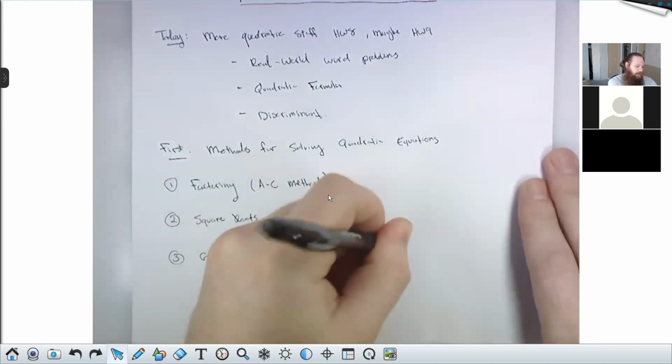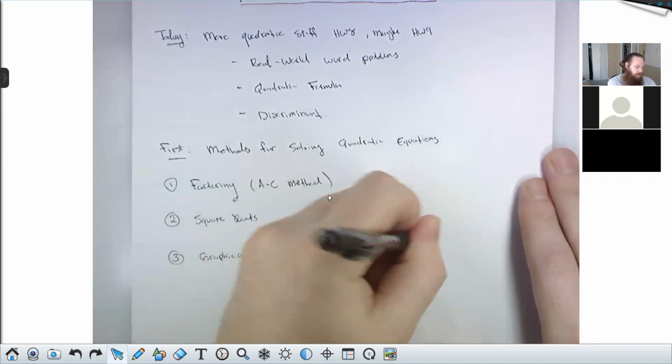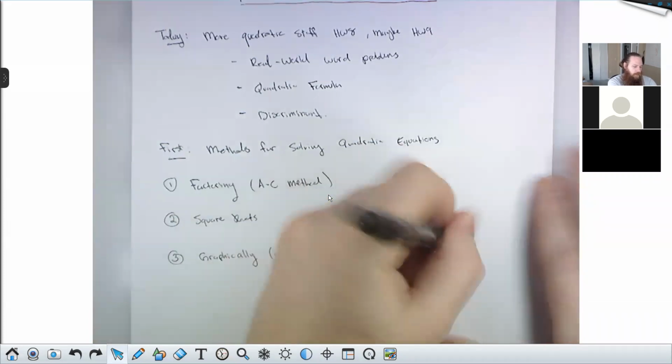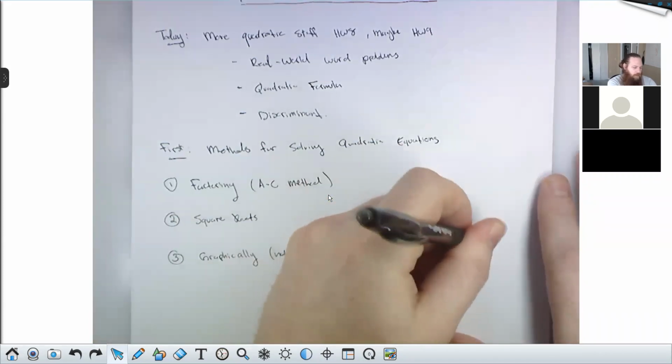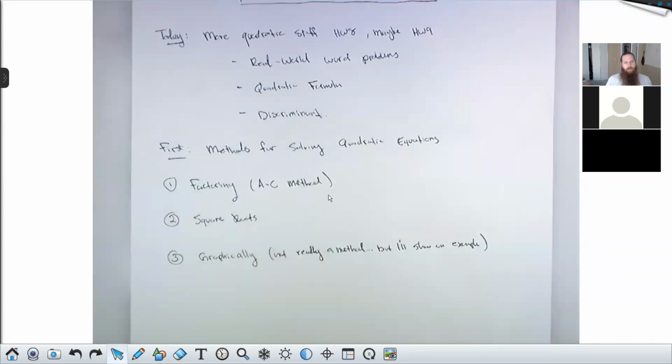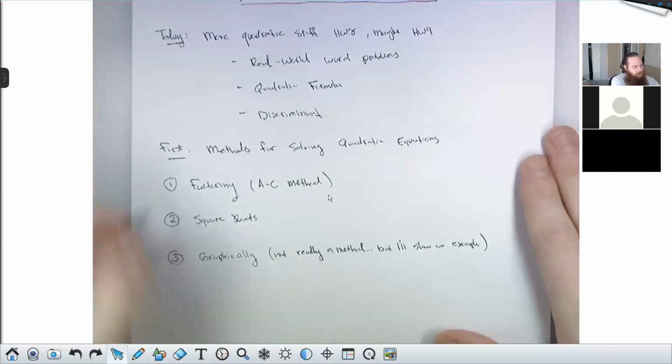But we'll talk about it. I would say it's not really a method because you can't generally apply it, and even when you can, it's sort of a guesswork thing. And now, you know, if it's guesswork, then it's not really mathematics. But these are our main methods that we have.